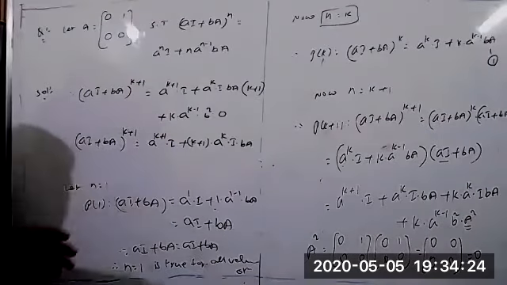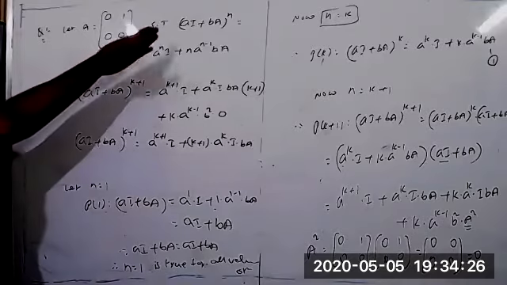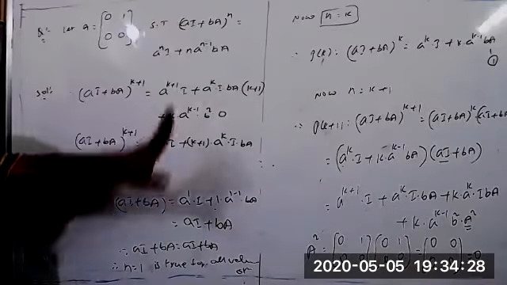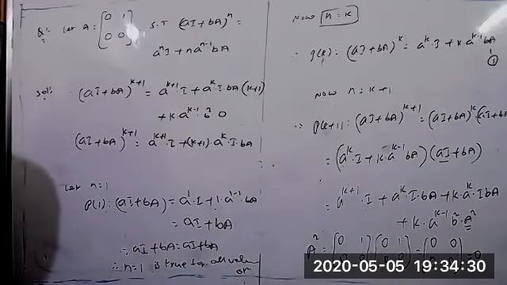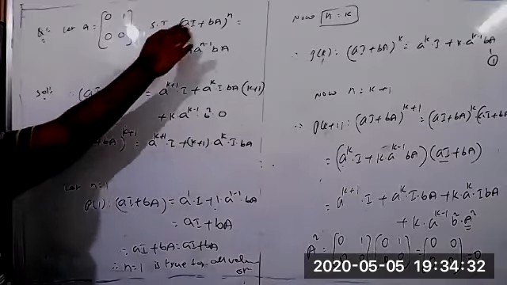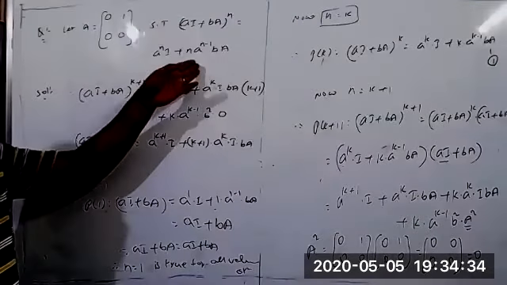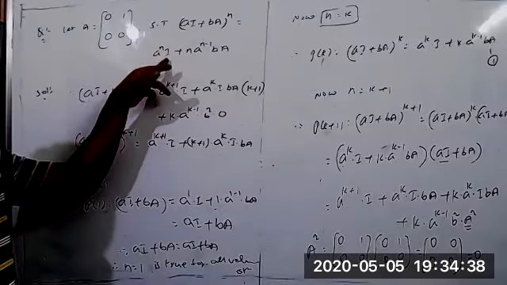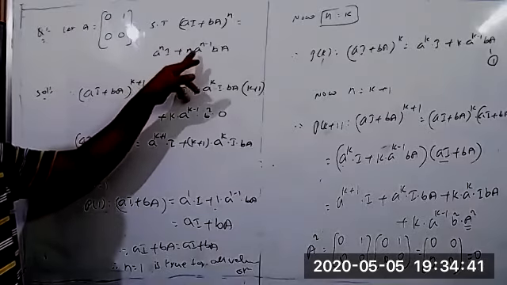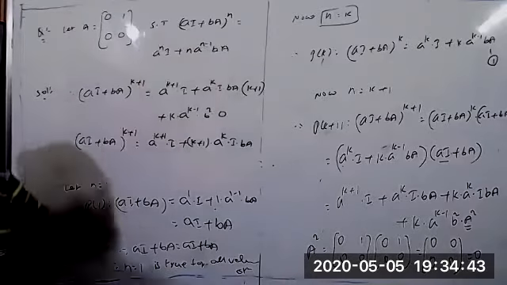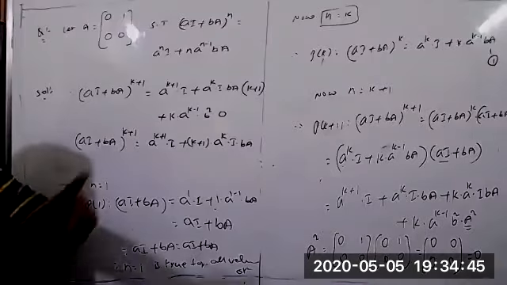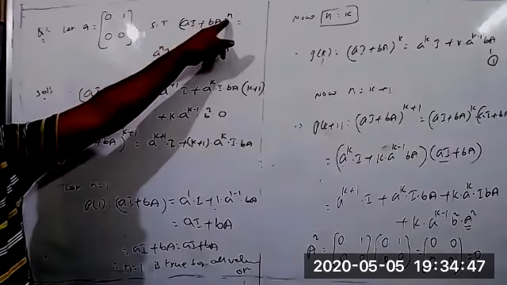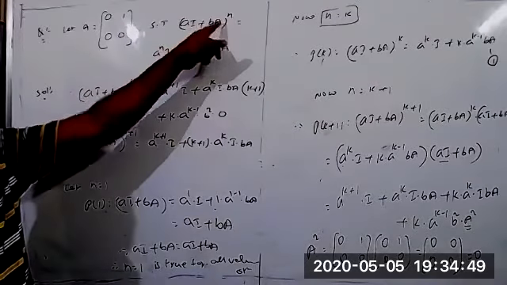Observe this condition now. If taken n equal to 1, LHS equal to RHS we got. If taken n equal to k, we got the same thing only: a plus ba whole power k equal to a power k into I plus k into a power k minus 1 into ba. But when we are taking n equal to k plus 1, what do you tell me?